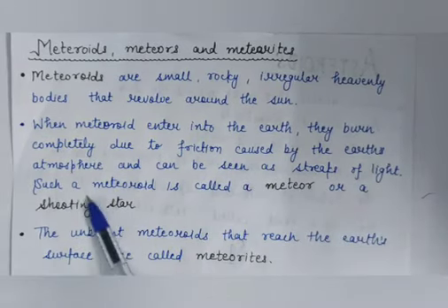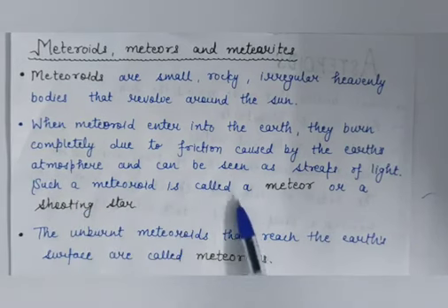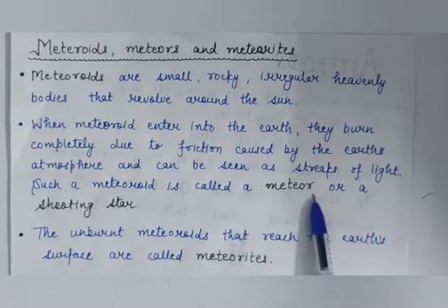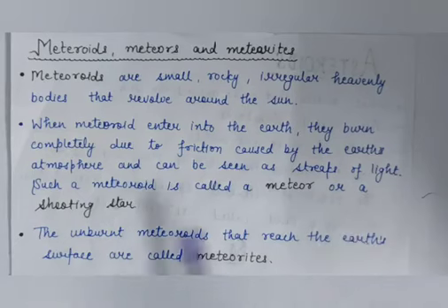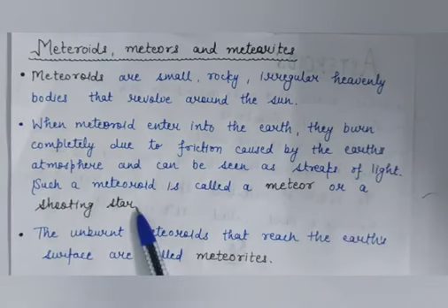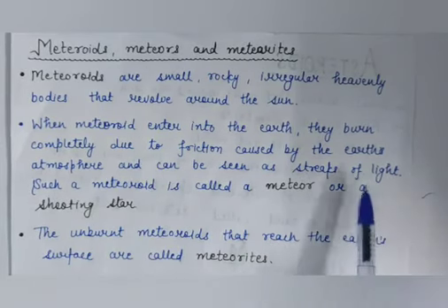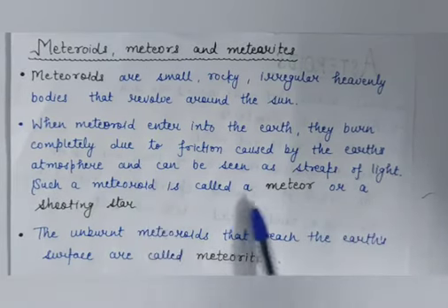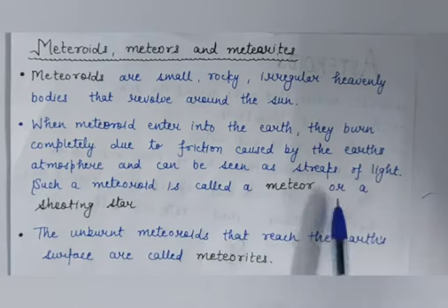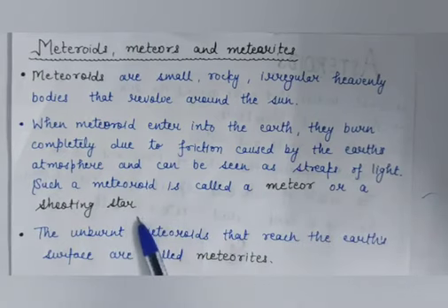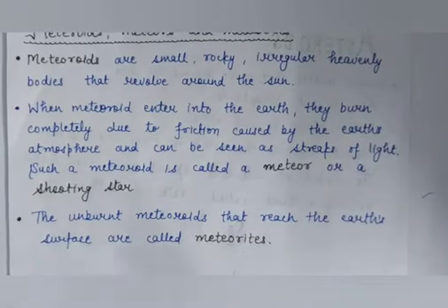Such a meteoroid is called a meteor or a shooting star. When a meteoroid is seen as a streak of light, it is called a meteor or a shooting star. The unburnt meteoroids that reach the Earth's surface are called meteorites.